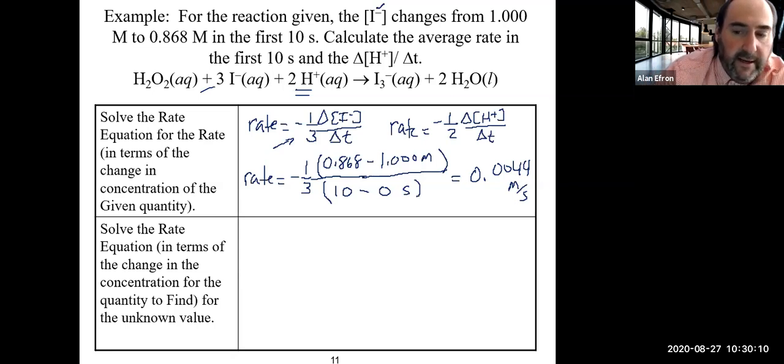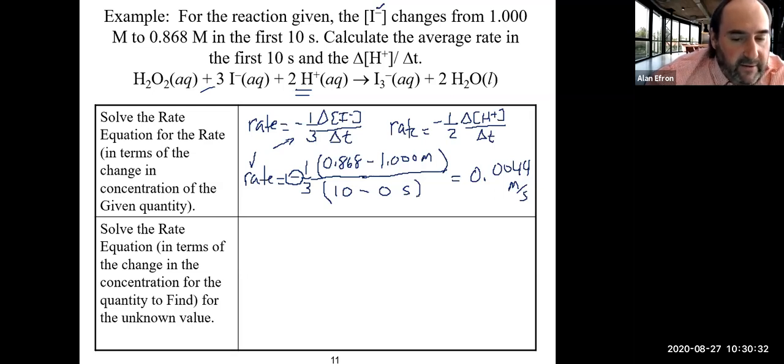So here we did get a positive rate like we talked about that you should get. And again, that's because when we did final minus initial, we got a negative, and that negative out here, because it's a reactant, turns our rate into the positive number that it should be. So that would be the average rate for this particular reaction.